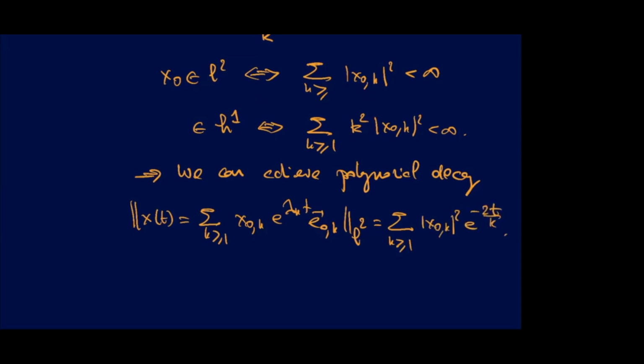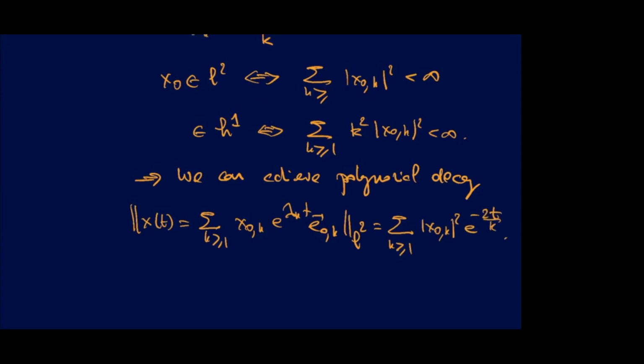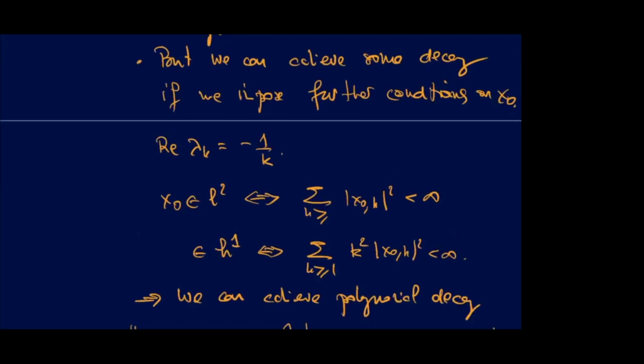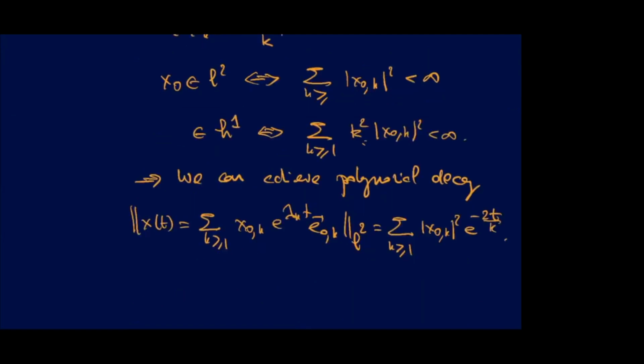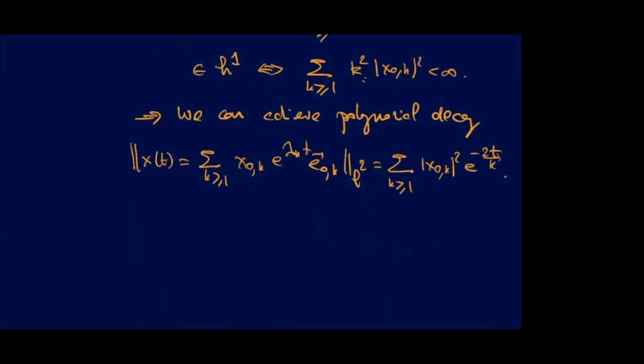Okay. But now we have observed that with a power k squared, this sum is still integrable. So I can here multiply by k squared, and I can divide by k squared, right? Then this will be less than the sum of k squared x0k squared, which is the norm of x0 in a space which is definitely stronger than little l2.